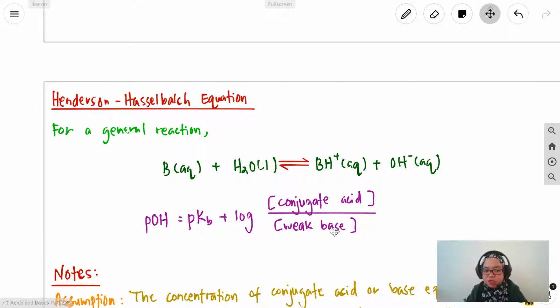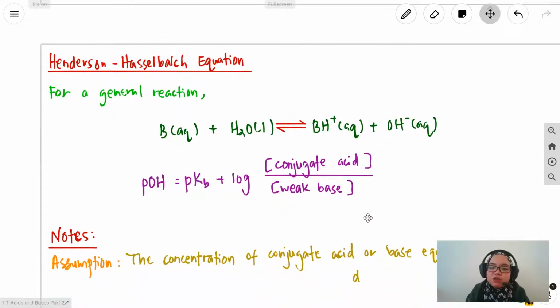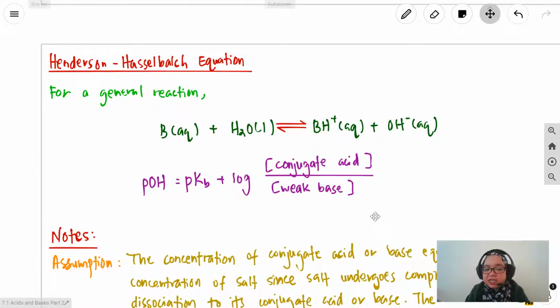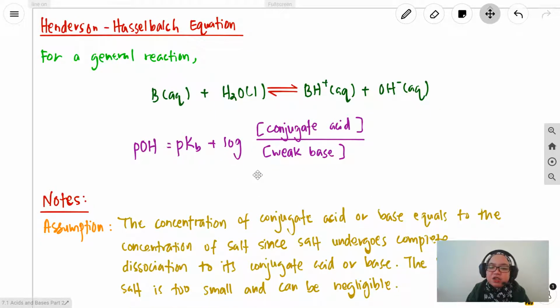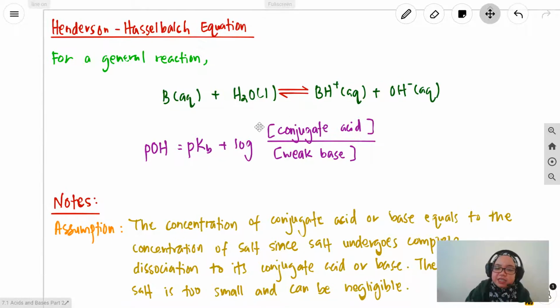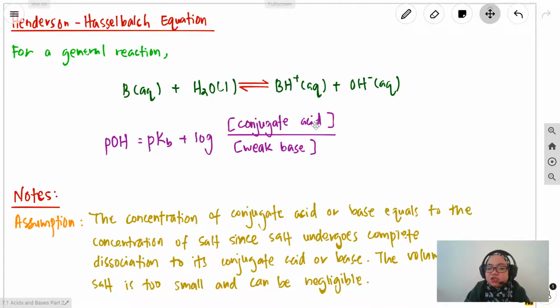Okay, so when you do the calculation later, you can assume a few things. The first one, you can assume that the concentration of the conjugate acid, or conjugate base, is equal to the concentration of salt that you produce, since salt undergoes complete dissociation to form conjugate acid and conjugate base.